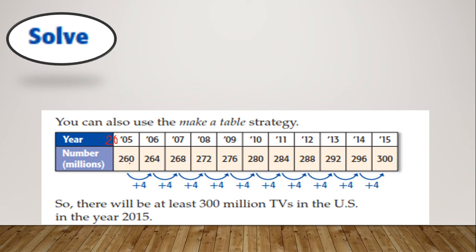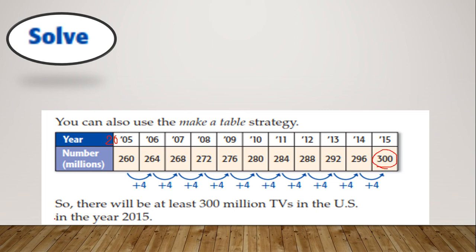And it tells you that this number increased by 4 each year. So in the second year we will add 4. That means in 2006 the number of televisions will be 264. Then we will add 4 to reach 2007, and so on. We will do this step until we reach 300, the number that we need.